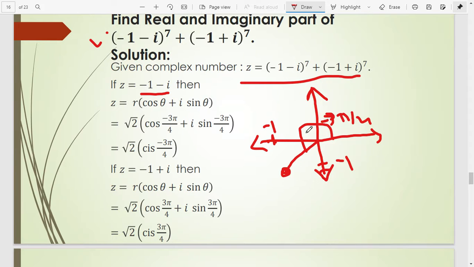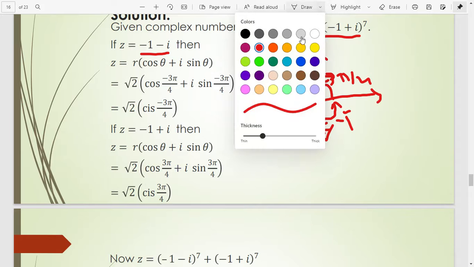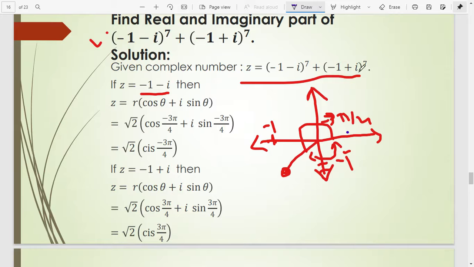And for minus 1 plus I, x is -1 and y is 1.